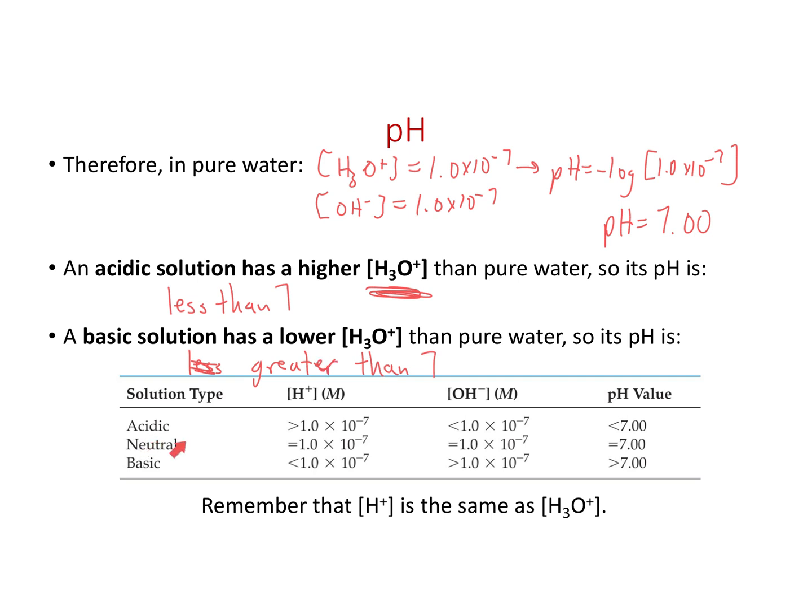So for a neutral solution, 1 times 10 to the minus 7 is our concentration of both hydronium and hydroxide. For an acidic solution, hydronium concentration increases, and for a basic solution, my hydroxide concentration is going to increase.